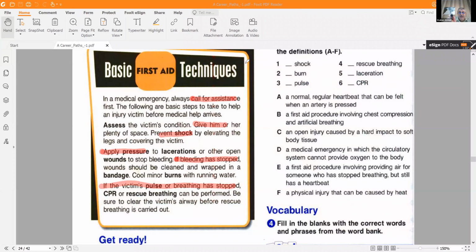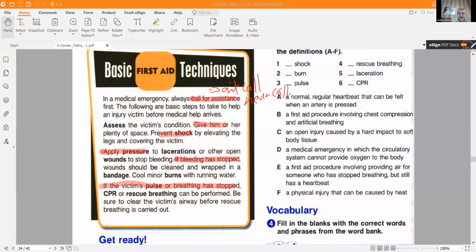Call means you have to call immediately, فعل أمر. To make it negative, we say don't call, or never call. So these are the negatives.